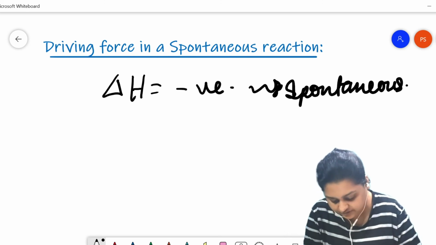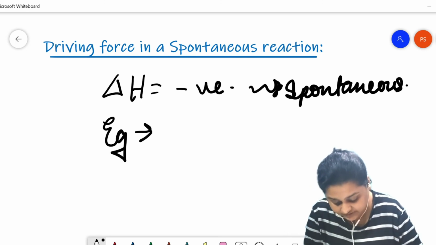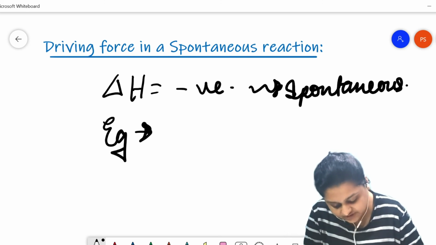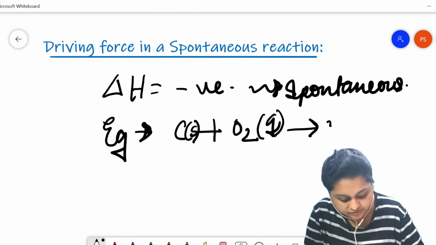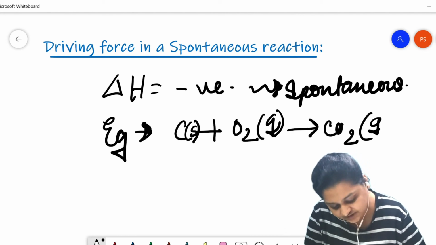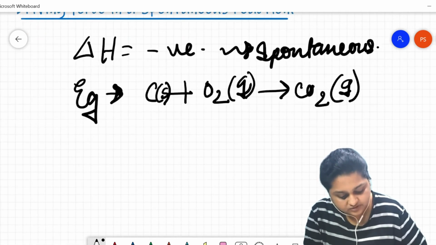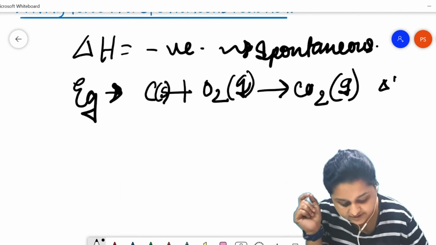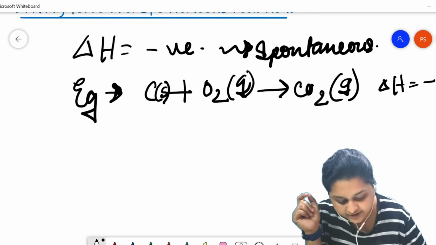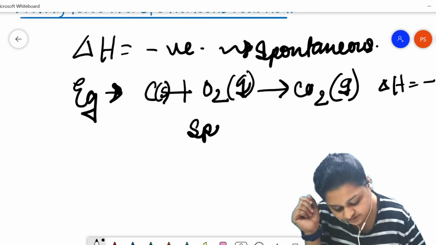Let's take two examples. In the first example, carbon, which is solid, reacts with O2, a gas, to produce CO2, which is gaseous. In this reaction, delta H is negative. It is a spontaneous reaction.